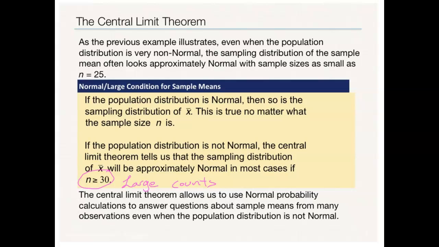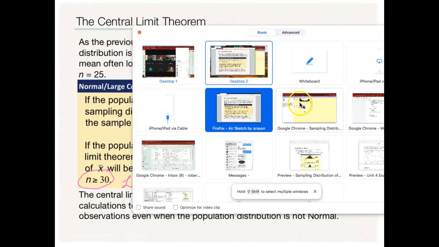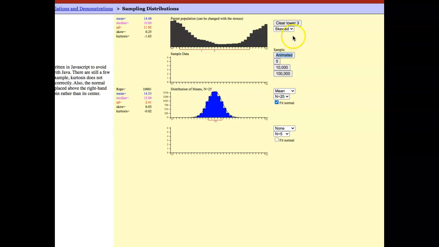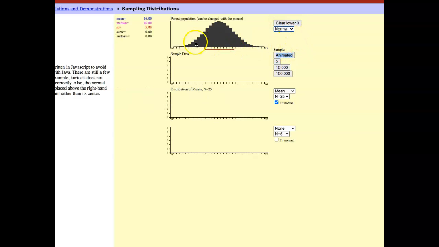Now, one thing to note about this is you only need your sample size to be greater than or equal to 30 if the population is not normal. If it is normal, it doesn't matter what the sample size is. The sampling distribution will still be normal. So if I go back to this, if I make my population distribution just normal, boom, there's my population.